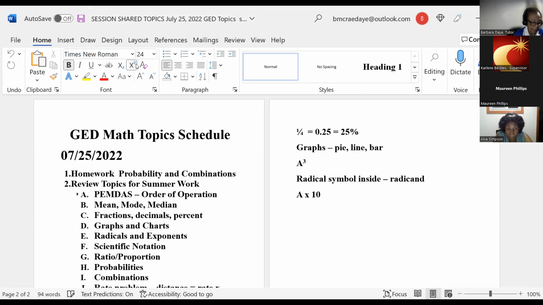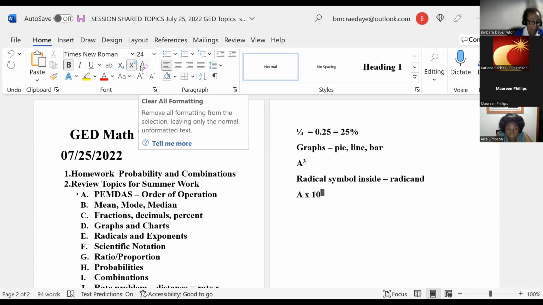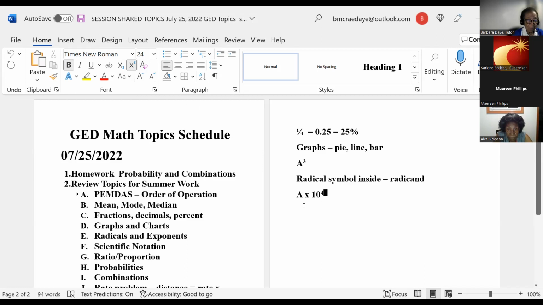That's the general format, where A is a number between 1 and 10. And then times 10, that's the base of our decimal system, and then raised to a power.